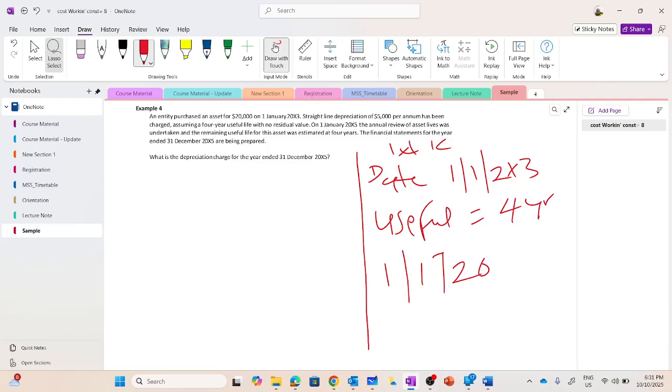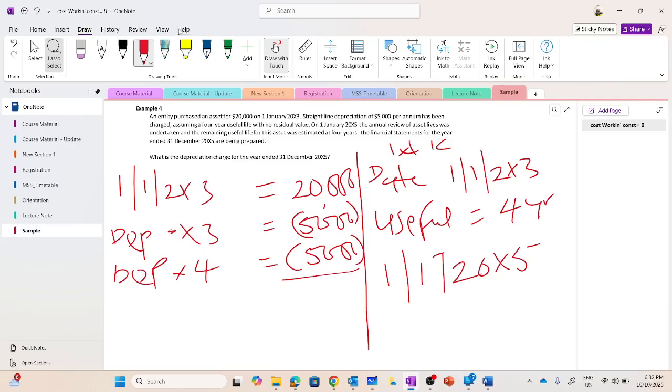Depreciation for 20x4 is 5,000 again. So now the carrying value of the asset is 10,000 as at 31st December 20x4. So this is the carrying value.